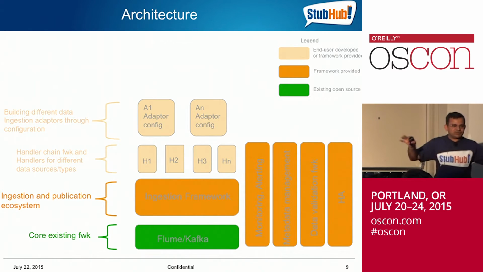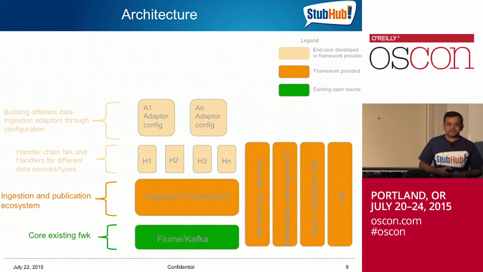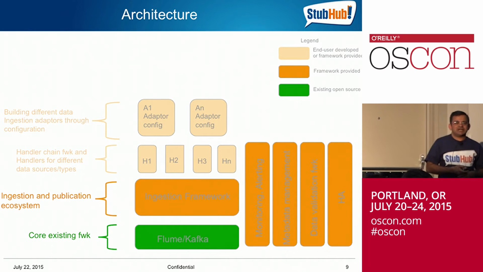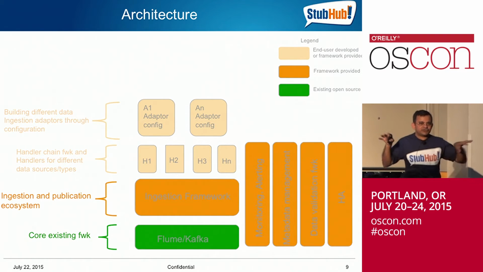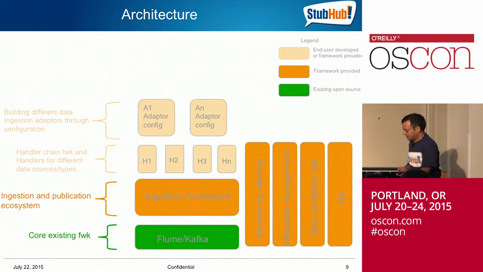The handlers are of multiple types, source handlers, sink handlers, we'll get into that in a second, and stitch them together without actually having to write any code. That's the whole concept of the adapter, right? And I'll show you in the last couple of slides how we ourselves are now leveraging this framework to solve the problem that I stated at the beginning.